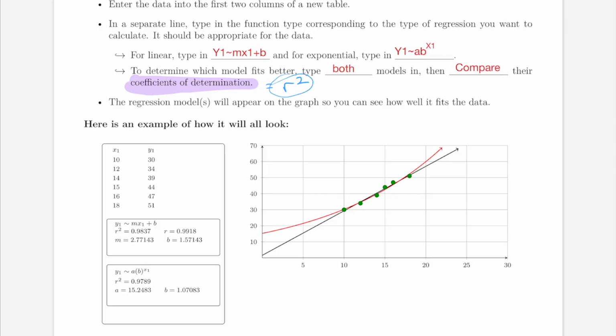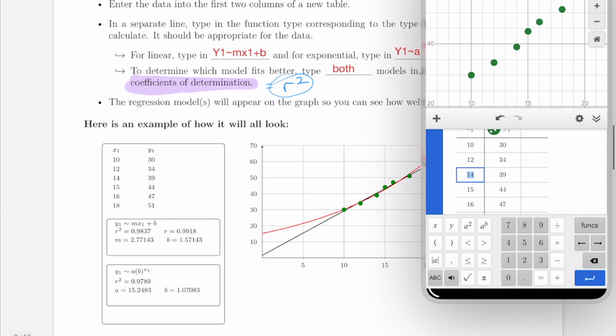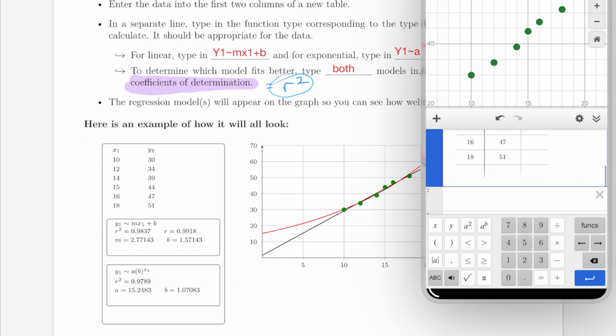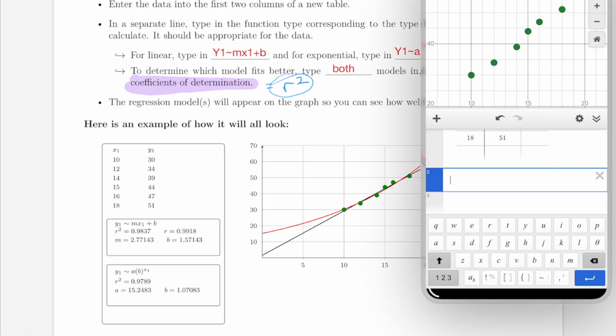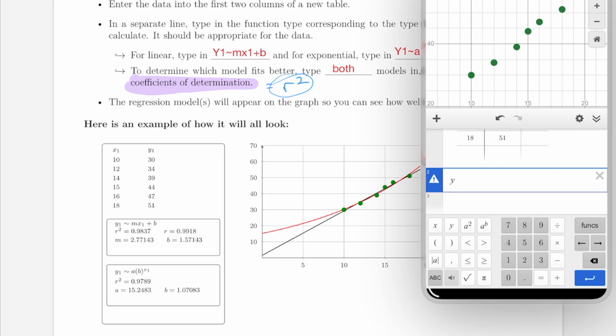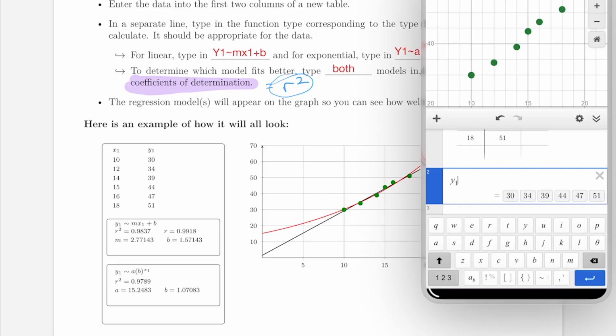So let's look at how we can type those in. On Desmos, I have my data in, and I'm going to go down to the next line. And I have to type this exactly, y1 tilde mx1 plus b. So I will type y1, and then tilde is in the alphabet side.